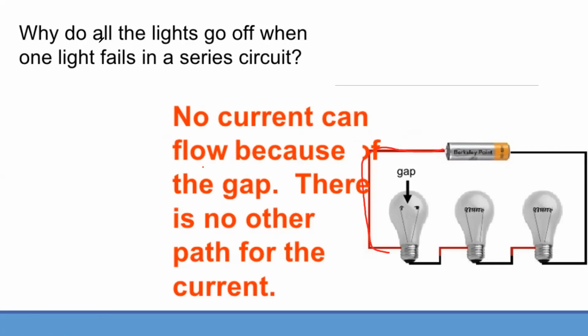Let's change the colors first. If the current is here and finds this lamp is not working, the lamp makes a gap. It disconnects the wires, and the current stops. So if there's a gap, the current will not work because there's no path for the current to pass through the circuit.